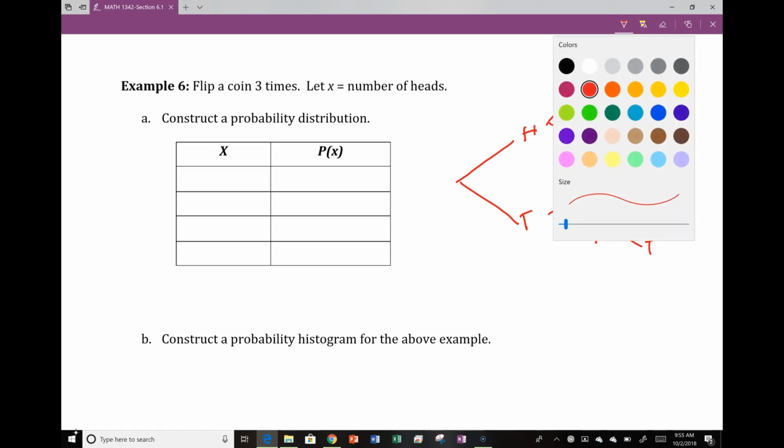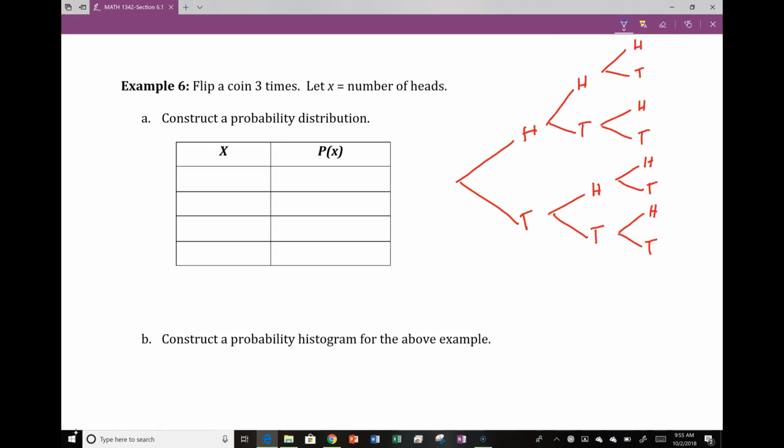So whenever we're looking at all of our possible outcomes, we can get 3 heads: head, head, head. We can get head, head, tail. We can get head, tail, head.